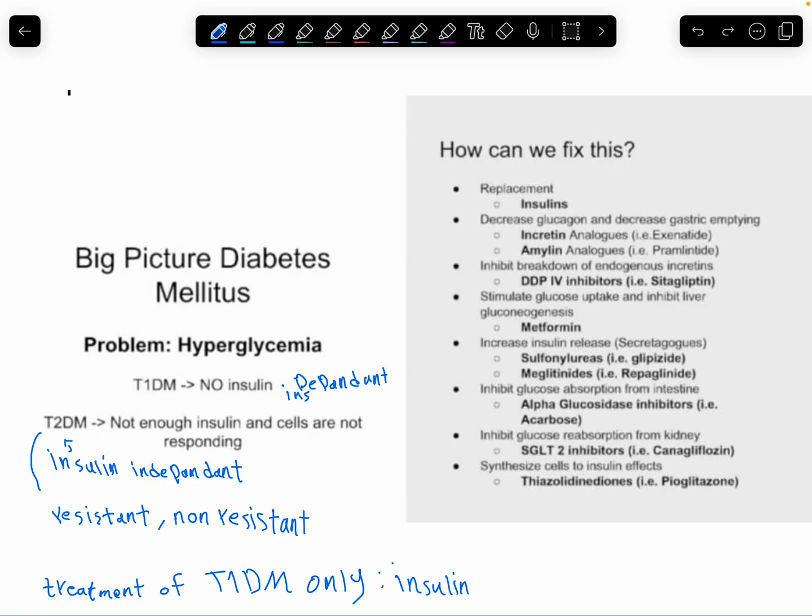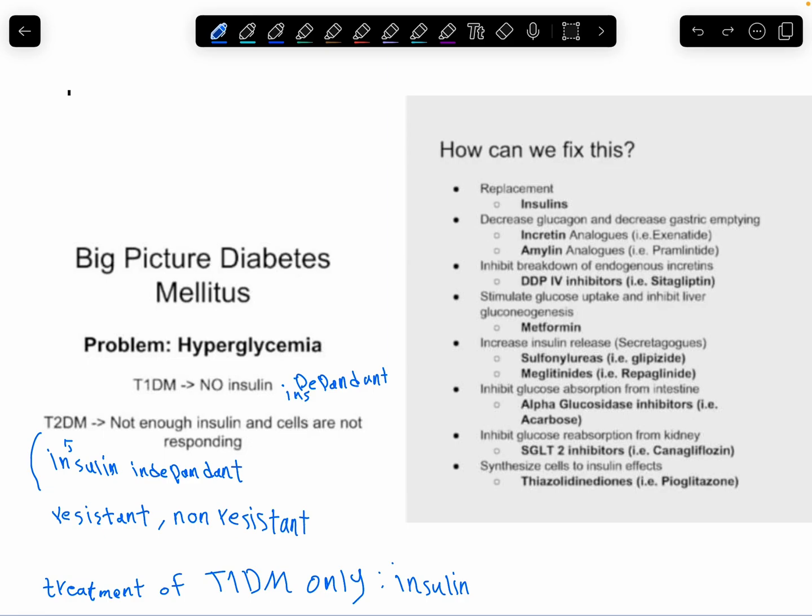Okay, now we have two groups. One is called incretin analogs, exenatide, and the other one is amylin analogs. Again, amylin is here. Dr. Fatih made things easy for us. Both incretin help to increase the insulin.